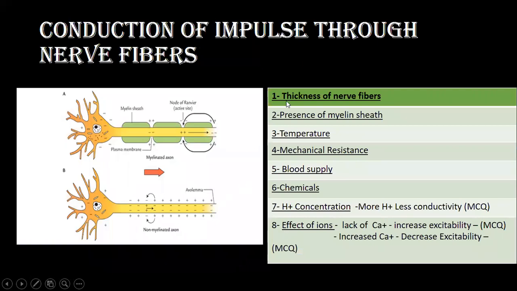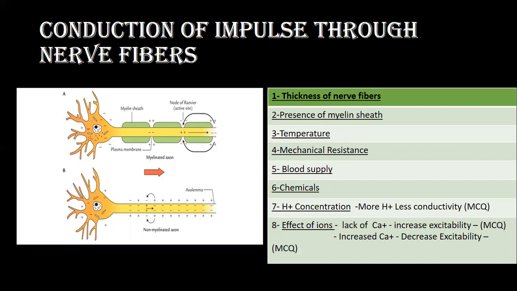Moving forward, conduction of the impulse through nerve fibers. Now we are going to see how the impulse gets conducted through the entire nerve fiber, after which we see its properties also, what properties it has.